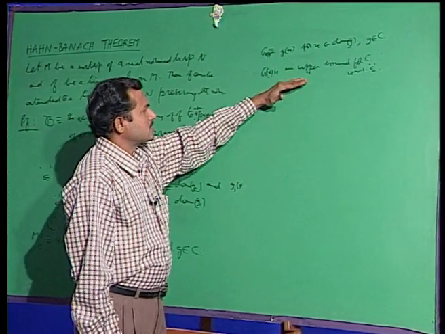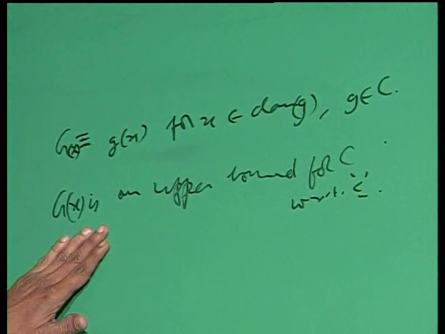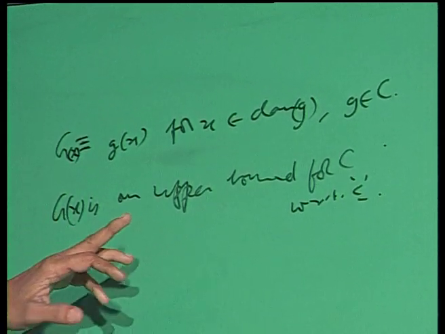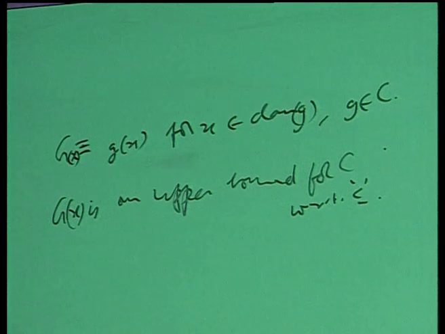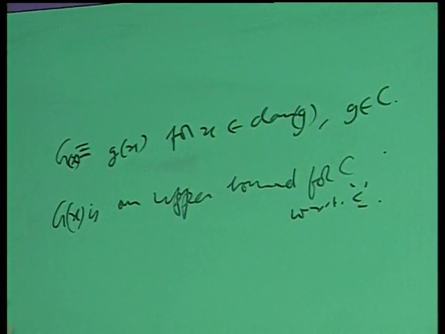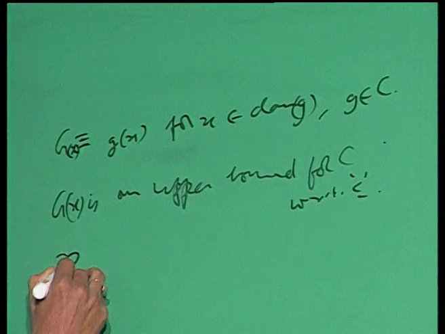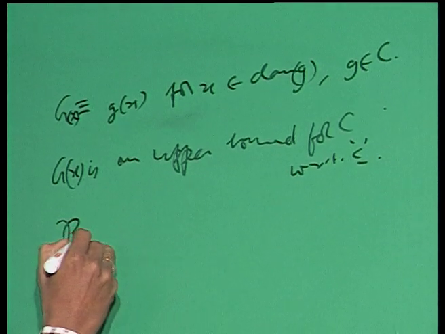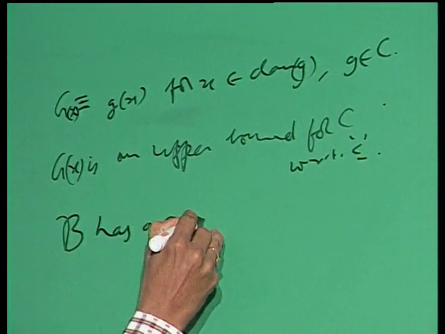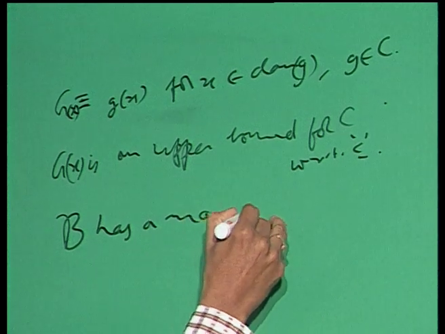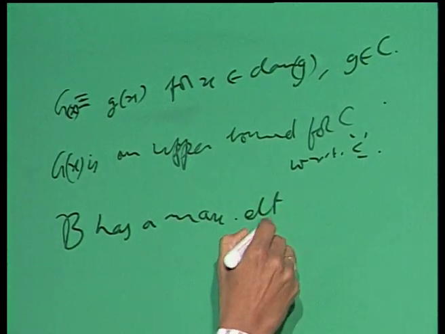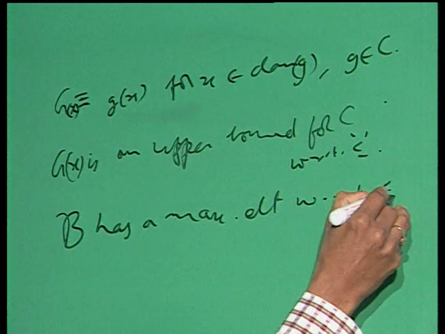So, by Zorn's lemma, the collection out of which this C comes from will have a maximal element, that is B. By Zorn's lemma, B has a maximal element with respect to the ordering less than or equal to.